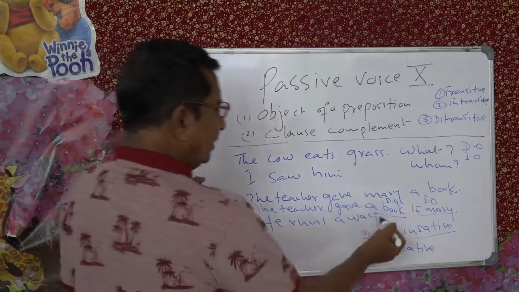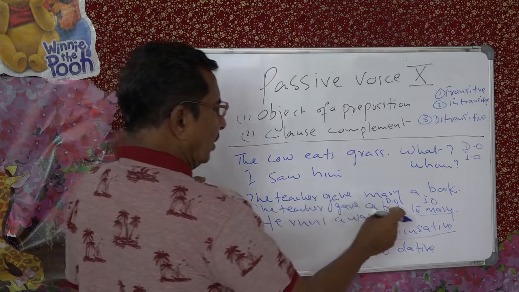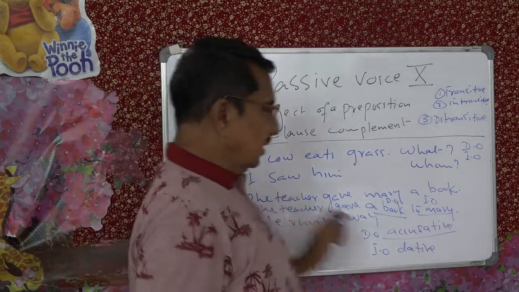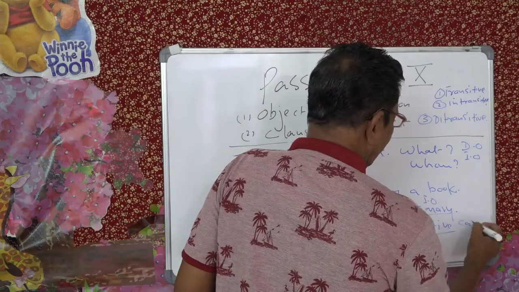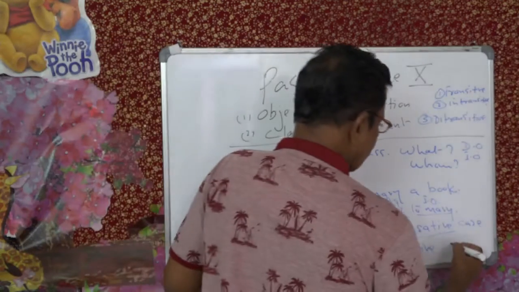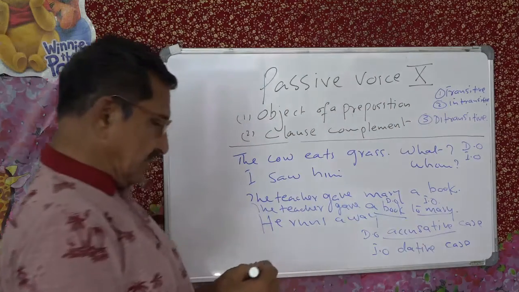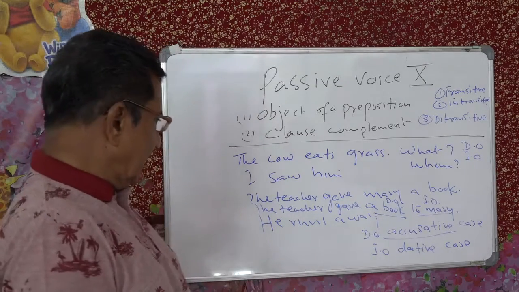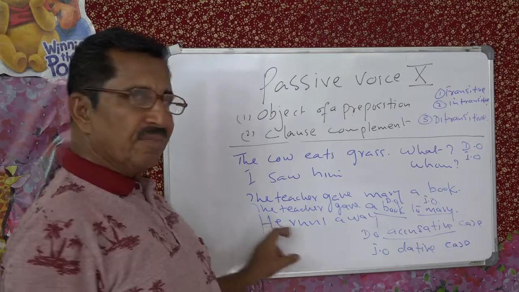So in this sentence, the teacher gave a book. This is accusative, and the full term is accusative case, means object form. And this is dative case. So if you analyze it using technical words, you will say the teacher gave a book to Mary. The teacher is subject.